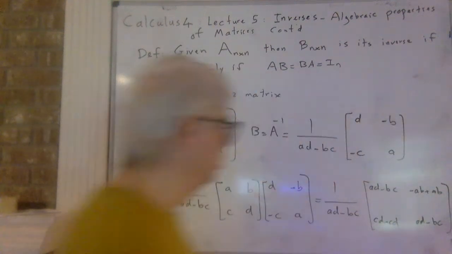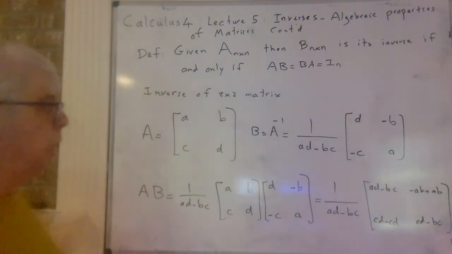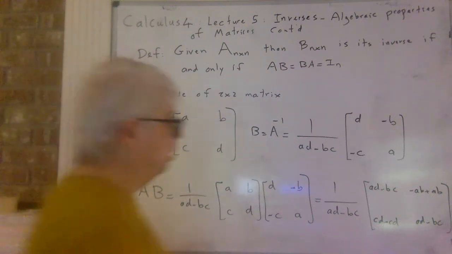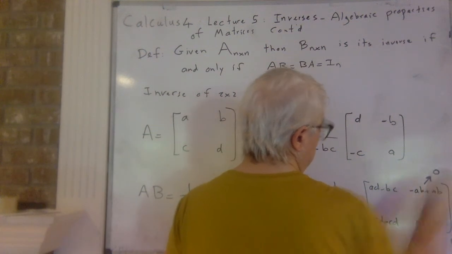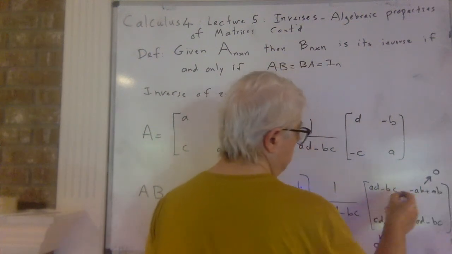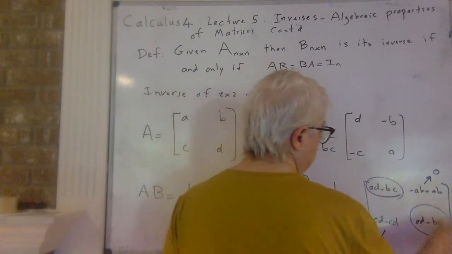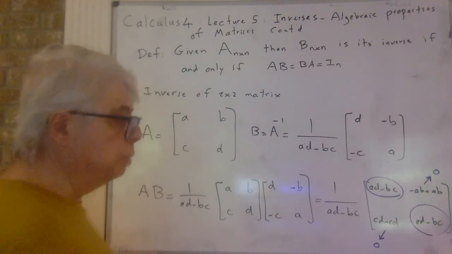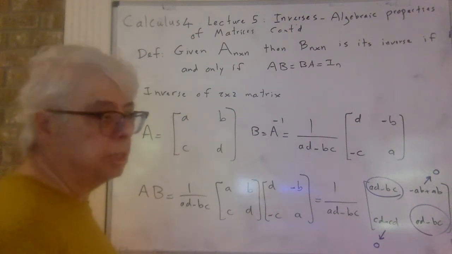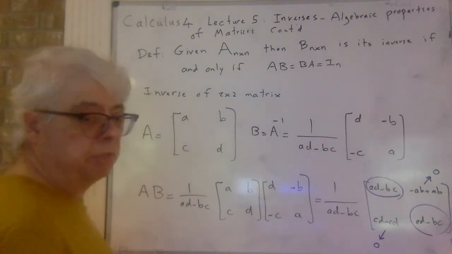Okay, so multiplying the two, I will get this, and let's see what happens. I have 0 here. This one is 0. This one is also 0. This one and this one are like this one, right? So I have to multiply. When you multiply a constant by a matrix, you multiply it by every entry.